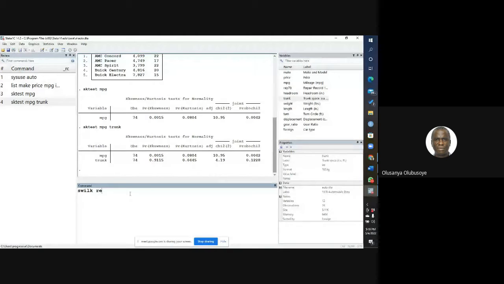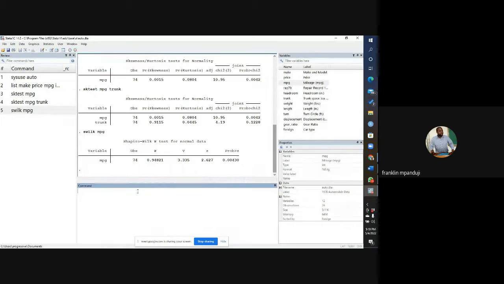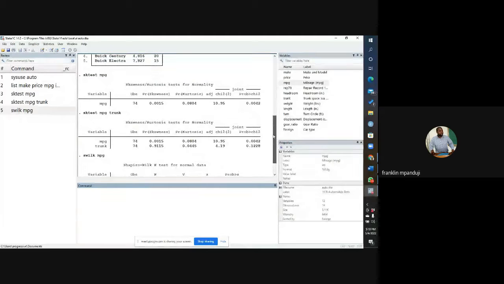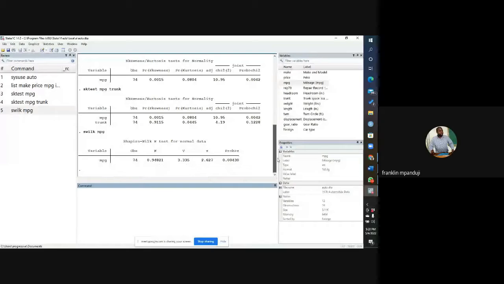Sorry, Prof, for taking you back. If I follow your slides, I see there's a test there which you wrote in the command, no adjust, but we haven't practiced it here. Yes, it is called test MPG, no adjust.